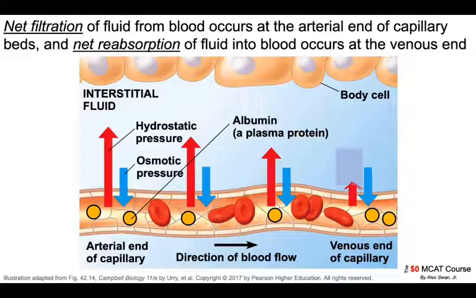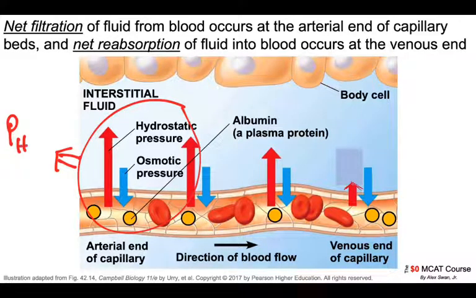So eventually we're going to reach a point near the venous end of the capillary bed where the hydrostatic pressure has reached a minimum. At the arterial end, that's where hydrostatic pressure is at a maximum. As we can see right here, the hydrostatic pressure, which I'm going to say is P sub H, is greater than the osmotic pressure P sub O. And because of this, fluid is going to leave the blood.